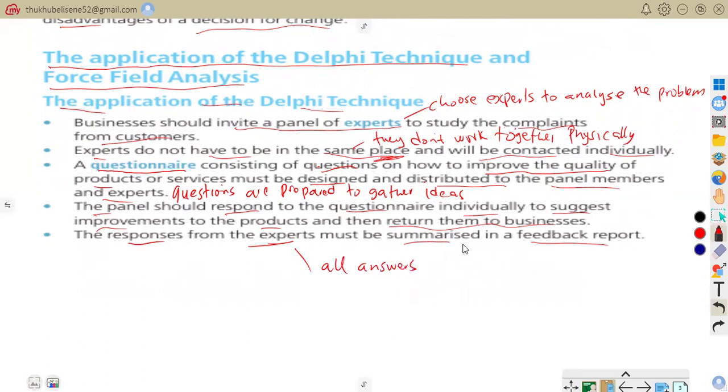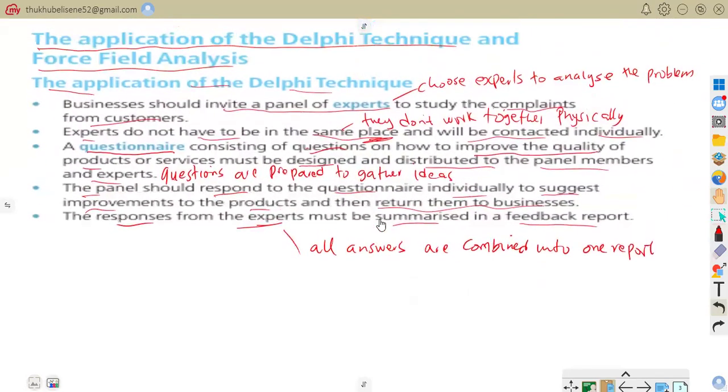You list all suggestions from the experts. So that is that. Hope we are still on one page, good people. Let us move on.